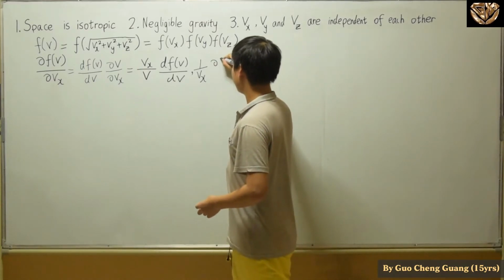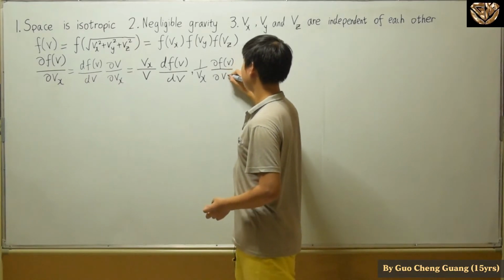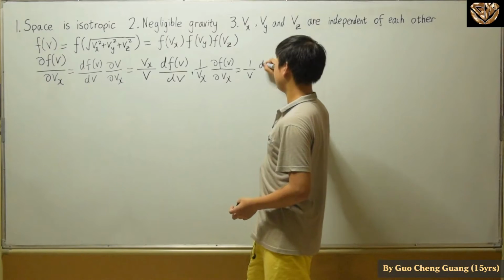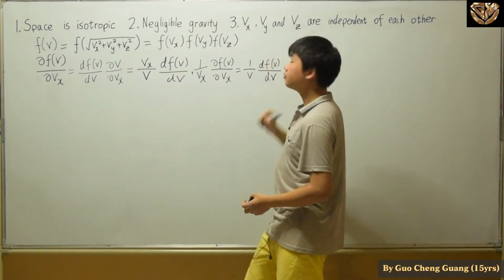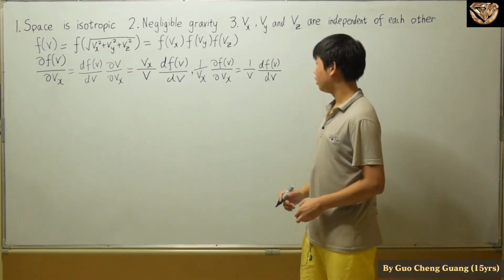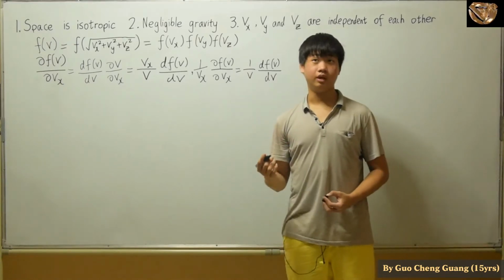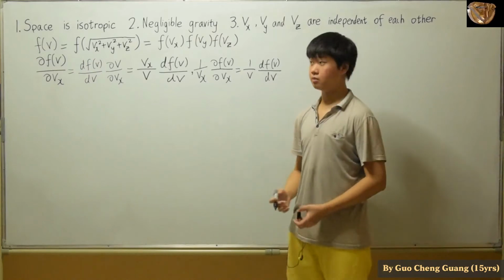And you're going to have partial f(v) partial vx being equal to 1 over v df(v) dv. Now what can you think about when you look at this form? Are any parts of it not affected by vx, vy, or vz? Which parts are affected by vx, vy, or vz?